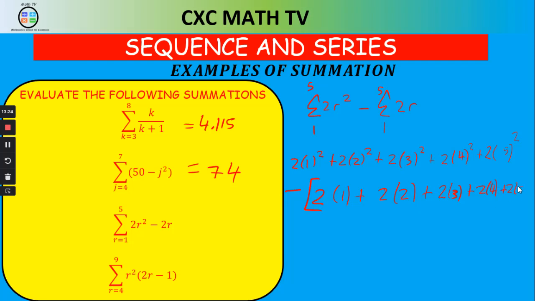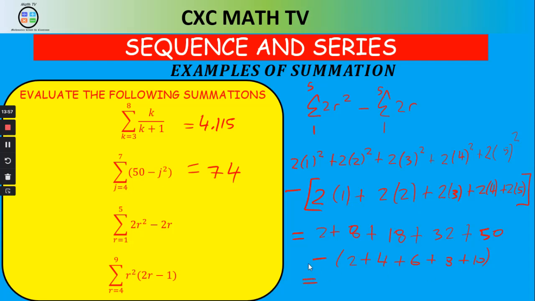So in that case now what we're getting is 2, 4 times 2 is 8, 3 squared is 9, 9 times 2 is 18, 16 times 2, I believe that is 32, 5 squared is 25 times 2 is 50, and then we subtract 2 plus 4 plus 6 plus 8 plus 10.